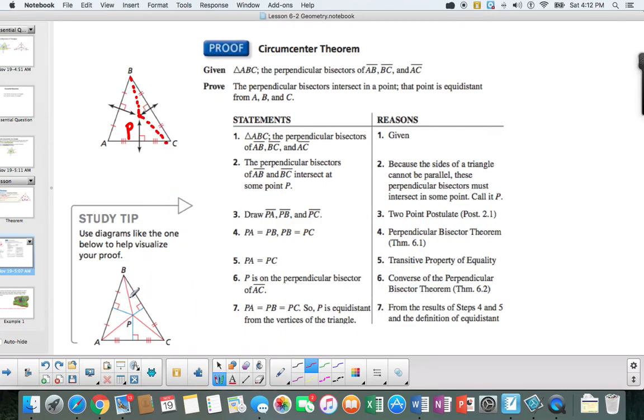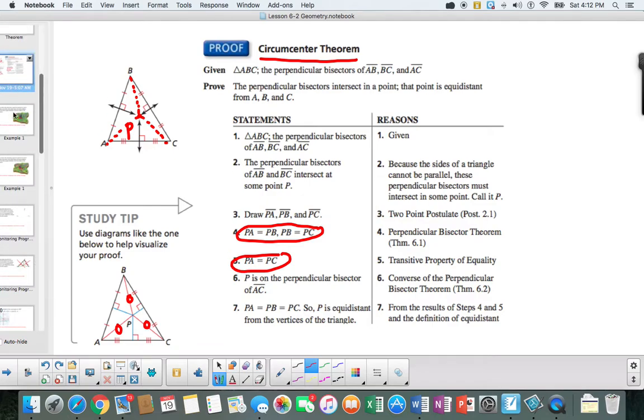So we know this distance right here will be equal to this distance right here. Since this is also on the perpendicular bisector, this distance and this distance are the same. And that's true for these two as well. So we end up getting all the distances the same to these vertices. And that's what the circumcenter theorem is stating.